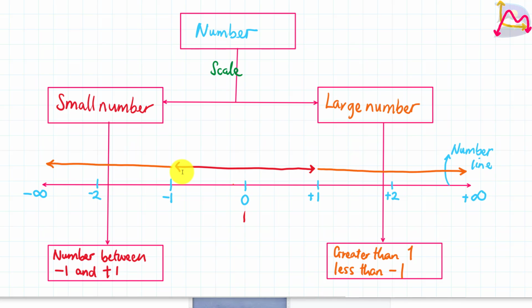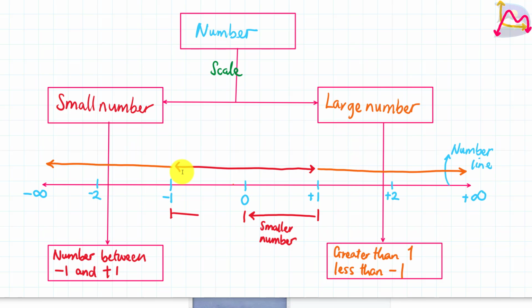Now, one huge characteristic for small numbers is that in this region, as you look at it from this 0 mark to our +1, as we move further down to the left, we are going to smaller numbers, and the same thing is applicable when you're looking at from -1 to 0.